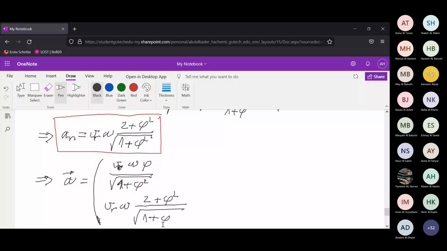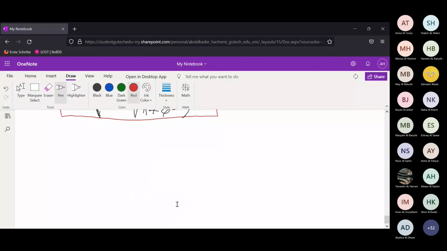This is the total expression of A, with this part in the tangential direction and this part in the normal direction.